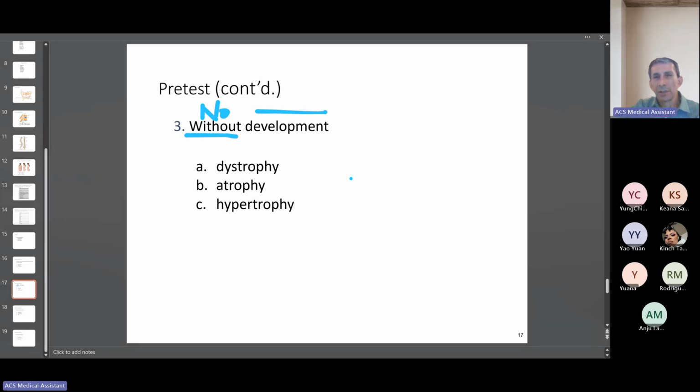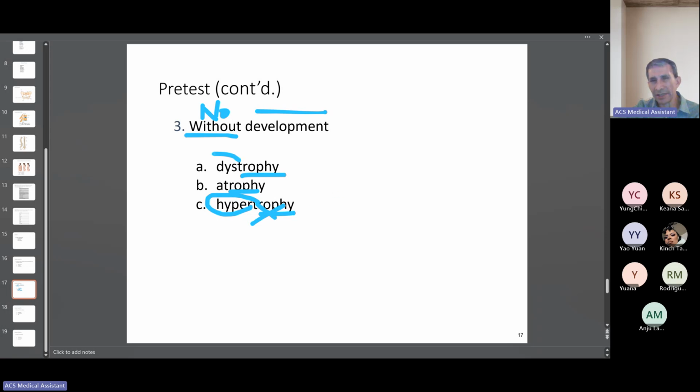Okay. So development. There are 2 words that mean, all of them have development. Trophy, trophy, trophy. But here it says that is hyperdevelopment. It developed too much. So this is not the one.